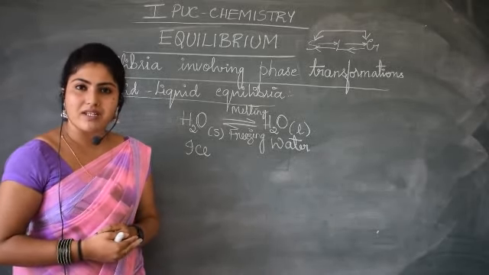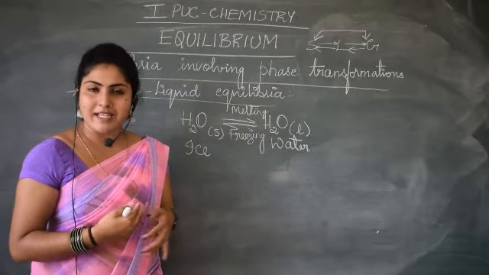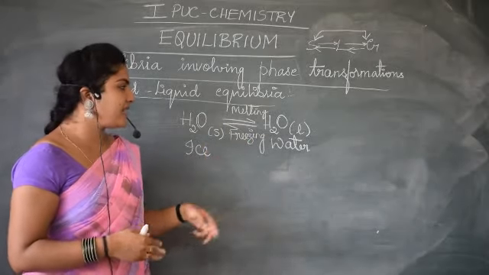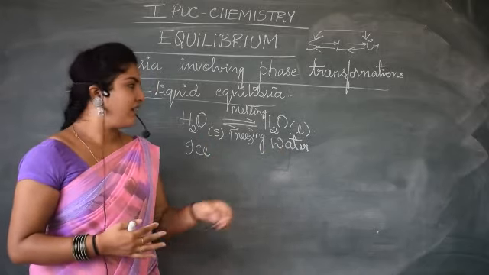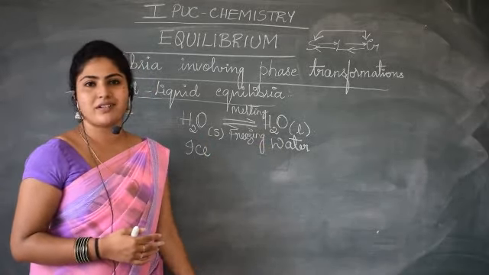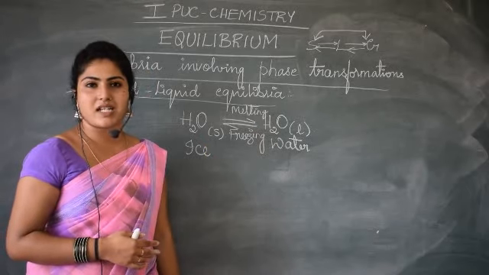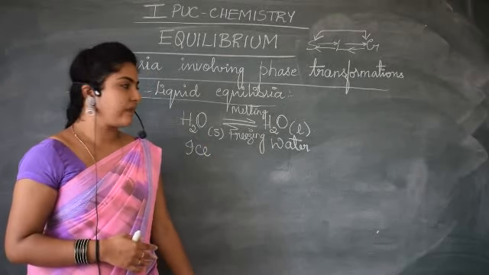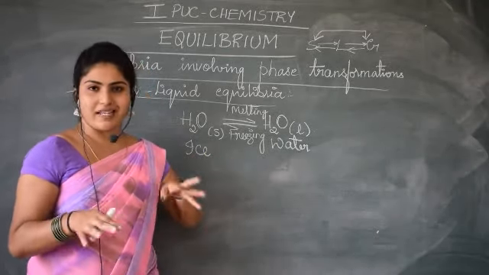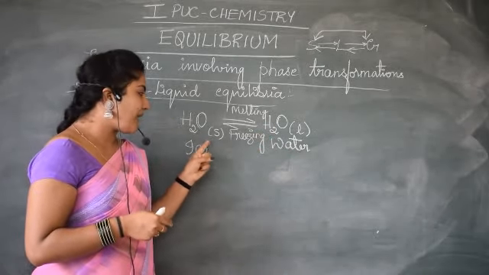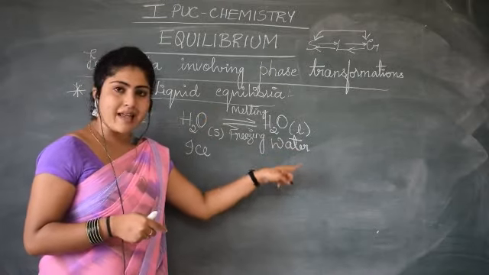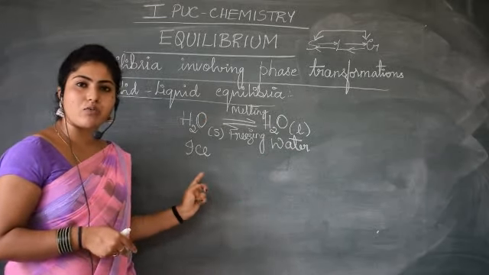So what happens now? The reaction takes place and ice starts melting and gets converted into water, at the exact point 0 degrees Celsius. You can see that ice melts, and at the same time water also gets converted into ice.